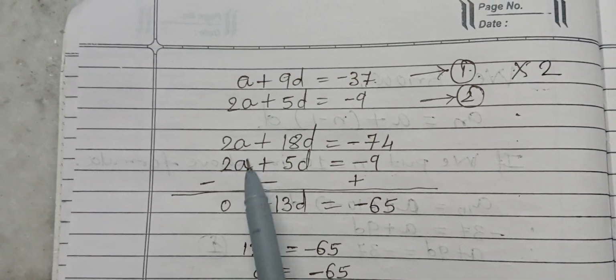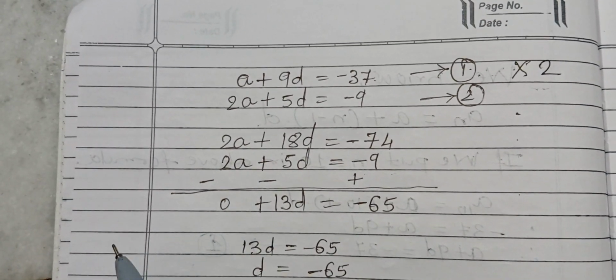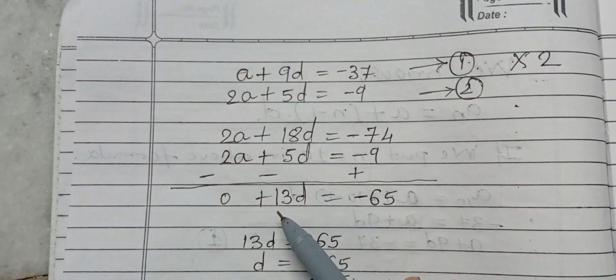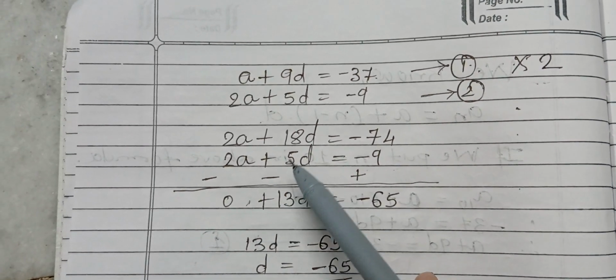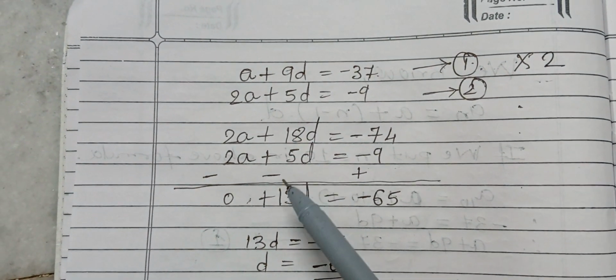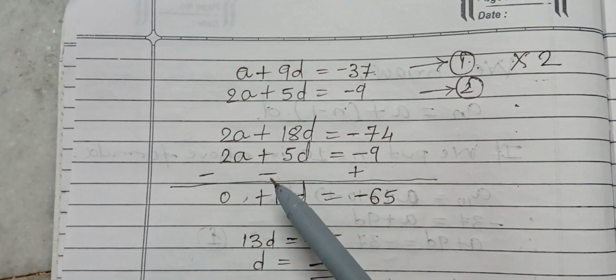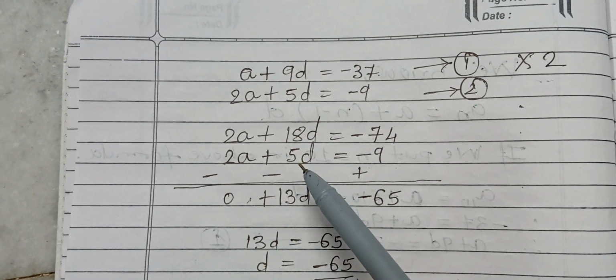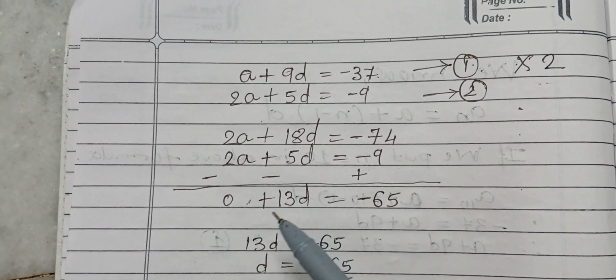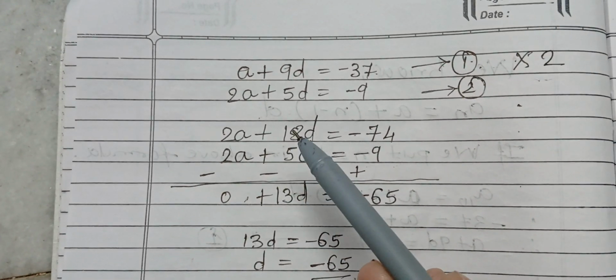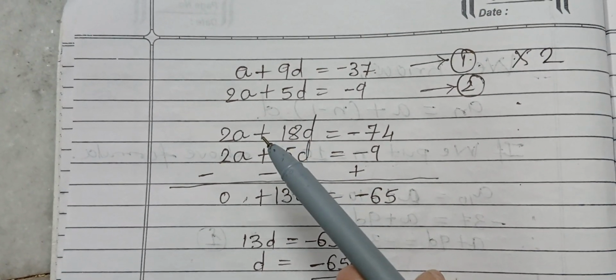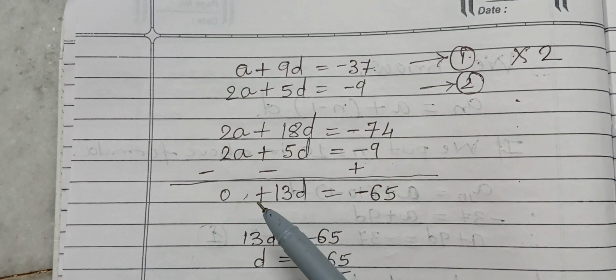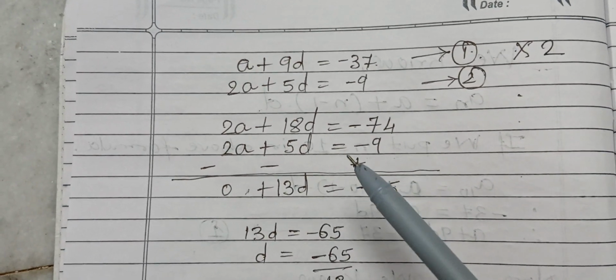So plus 2a minus 2a cancel, that is 0 for us. Plus 18 minus 5, we consider the new sign for this number. So 18 minus 5 is 13d. We will keep the plus sign because the bigger number is 18 and its sign is plus, so plus 13d.